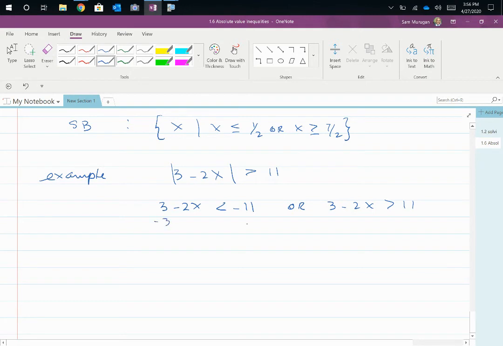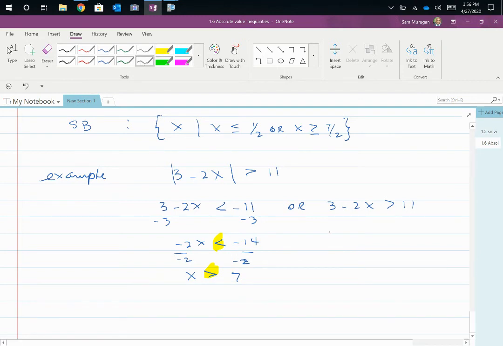So I would go ahead, take away 3 here. I have negative 2x is less than negative 14, and divide by negative 2 to give x is greater than 7. Notice the flip in the inequality because I divided by a negative number.